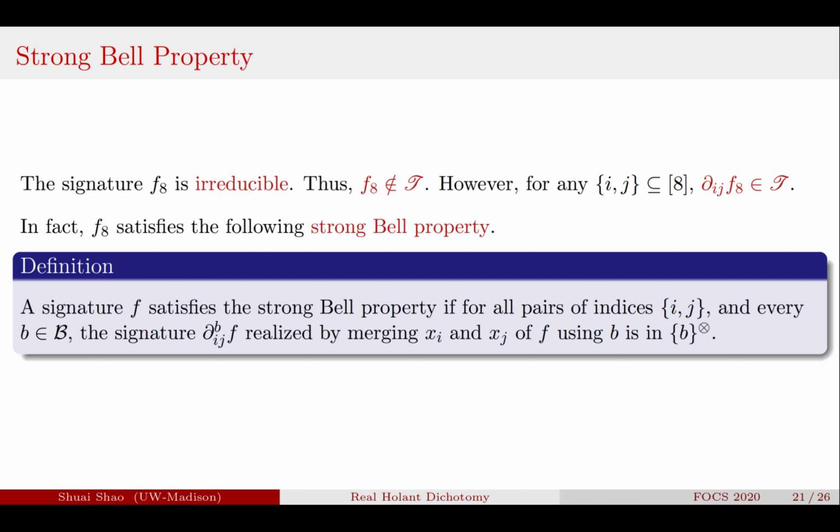We say a signature f satisfies the strong Bell property if for all pairs of indices i and j, and for every Bell binary signature B, the signature realized by merging variables x_i and x_j of f using this Bell binary signature B is a tensor product of Bell binary signatures. Here, this is exactly the same B we used in the merging gadget.